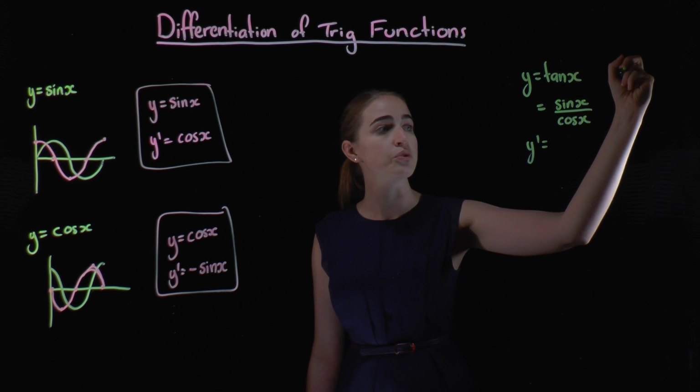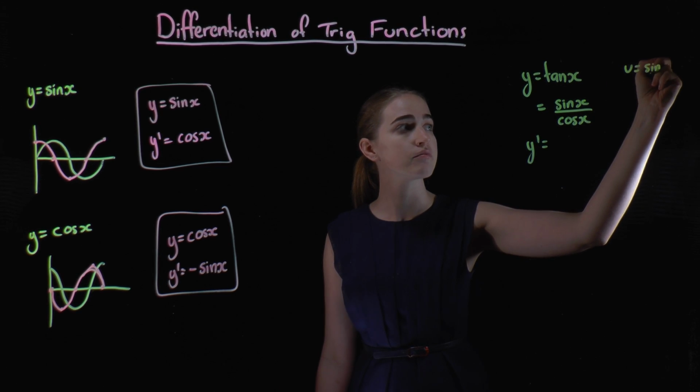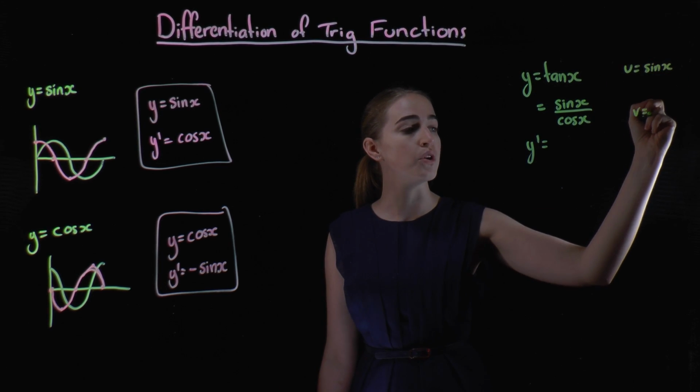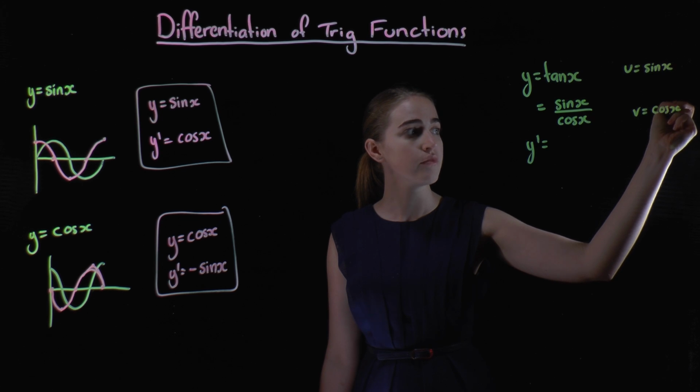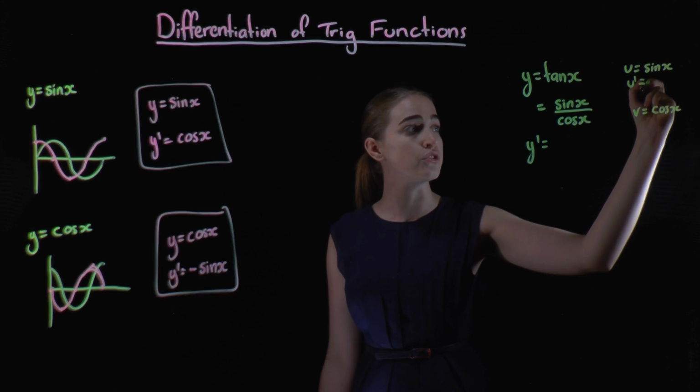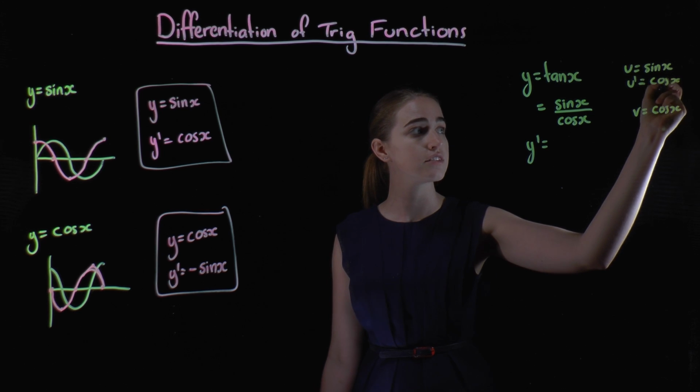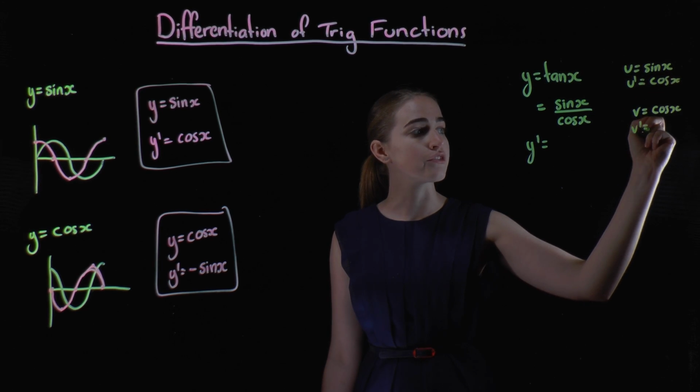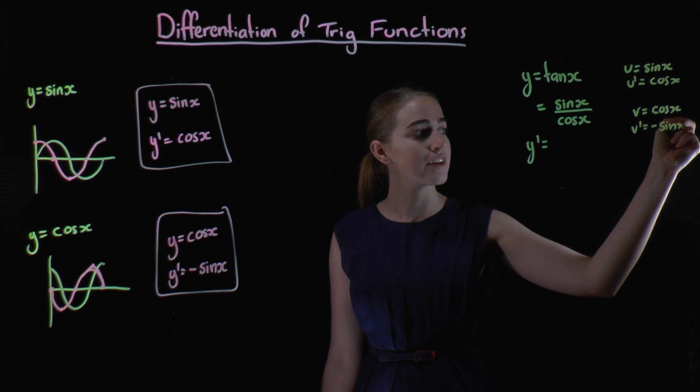So that means our u would be sine x. And our v would be cos x. Now we know that the derivative of sine x is cos x, so u dash will be cos x. We know that the derivative of cos is minus sine of x.